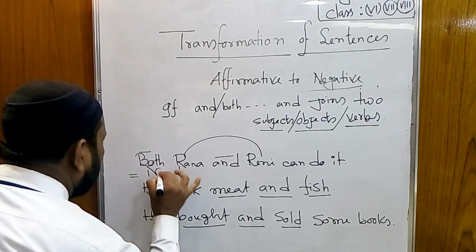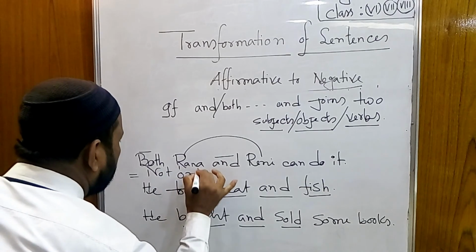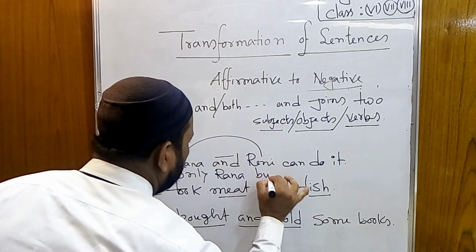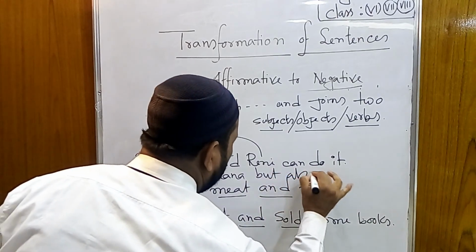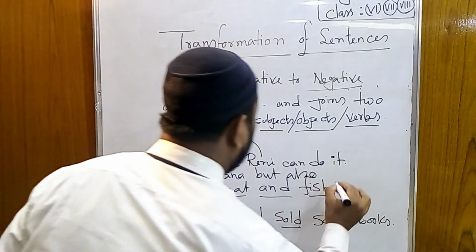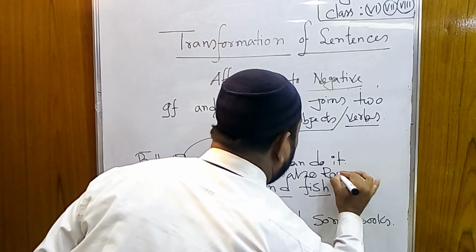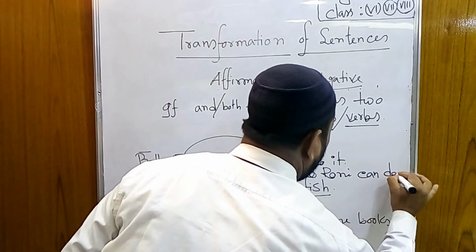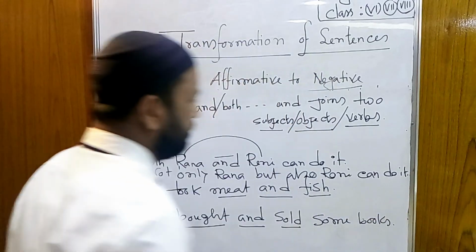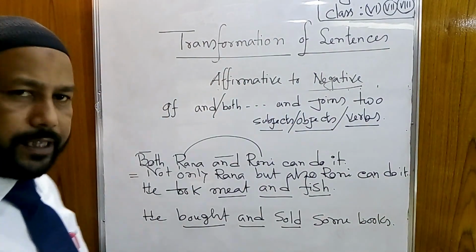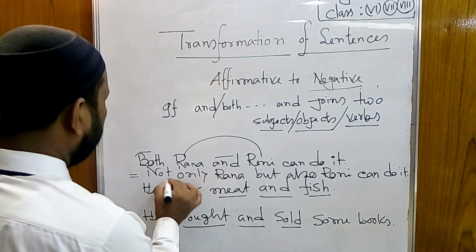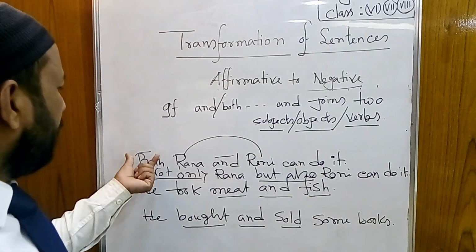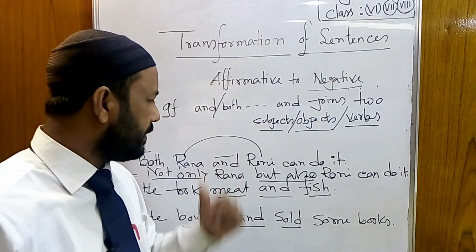Not only Rana but also Roni can do it. In this sentence, you can see I have used not only but also instead of both and.